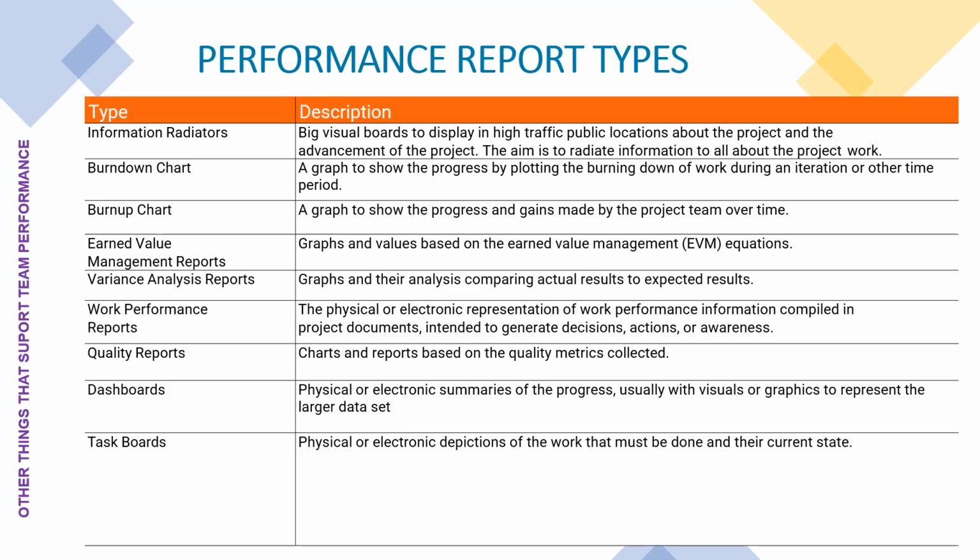It's very good because it's going to inform the next person. It will generate decisions, help you make actions, and keep you aware and informed. Quality reports: charts and reports based on quality metrics collected. Again, in the planning video there is a lot on quality reports.